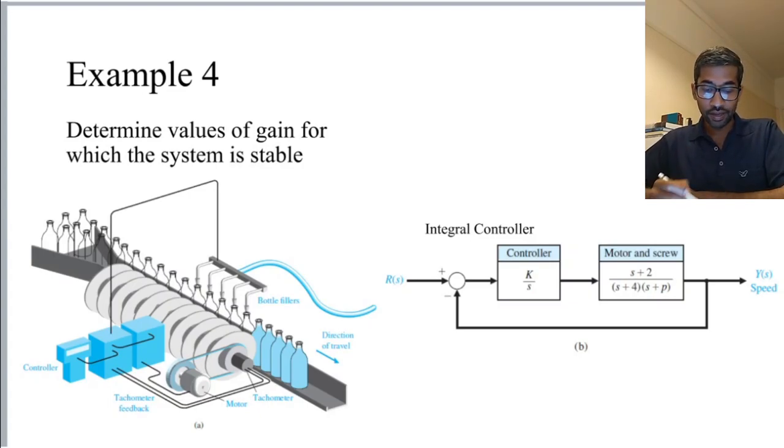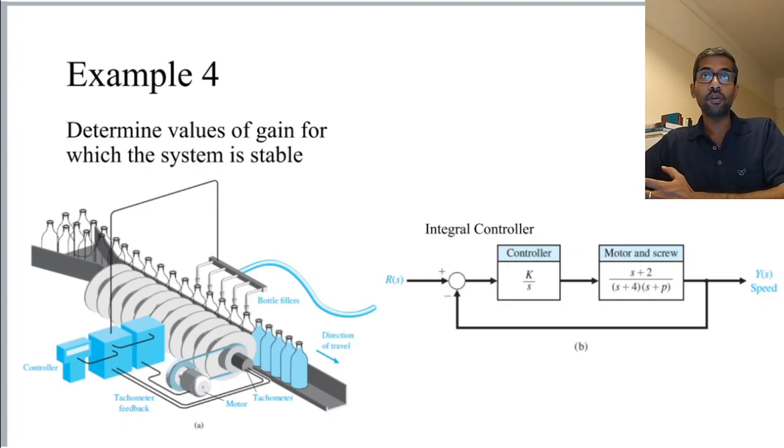There is the motor here which controls this screw, and as the screw moves, the bottles keep traveling ahead. There is a feedback here and a controller here, and the block diagram is shown here, and we want to find out in what circumstances and for what gains the system is stable.